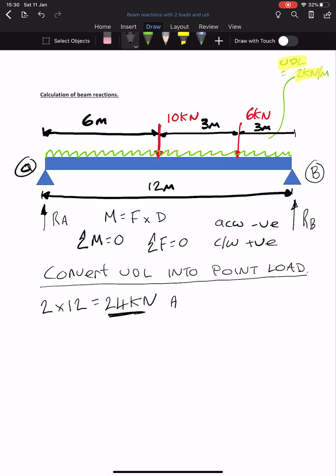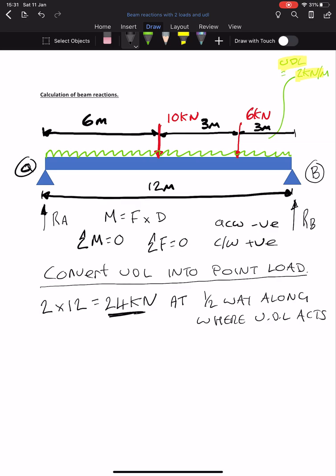And as always, we put it in at halfway along the beam, halfway along where the UDL acts. In this case, the UDL is across the entire length of the beam.